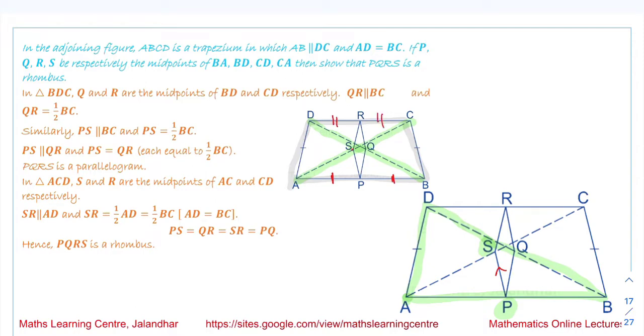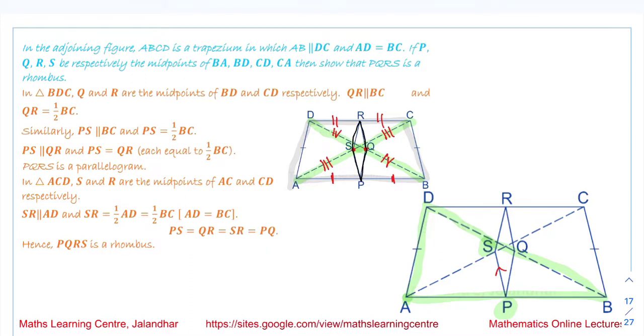This point S is the midpoint of AC, and this point Q is the midpoint of BD. We have joined these points R, S, P and Q.